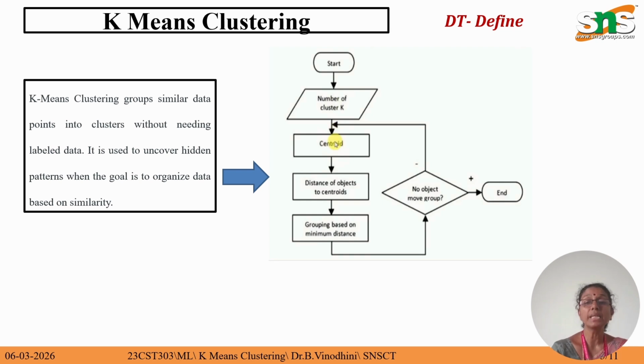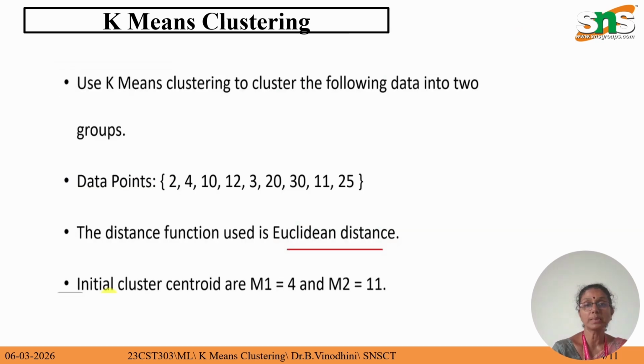Otherwise, new clusters are formed based on centroid distance calculations, and we repeat the process until no new cluster is formed. That is the process of k-means clustering.